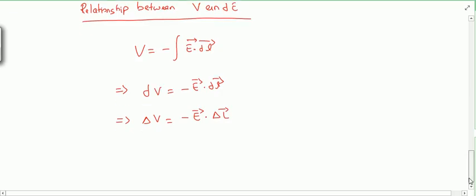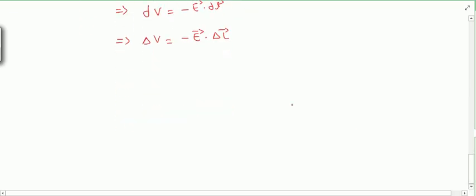So here it is a dot product, and I can write this in magnitude form also. If I write delta V equals minus E delta L cos theta, and divide by delta L, it equals minus E cos theta.